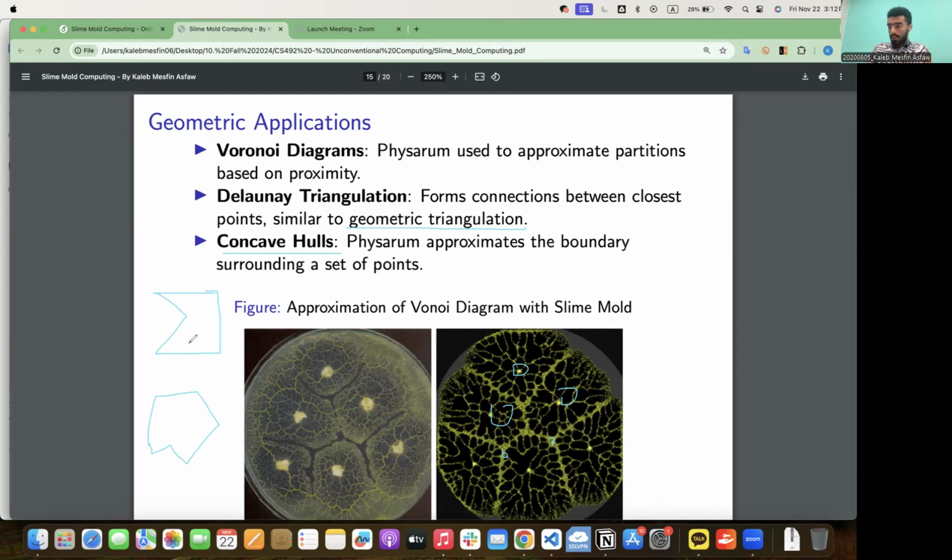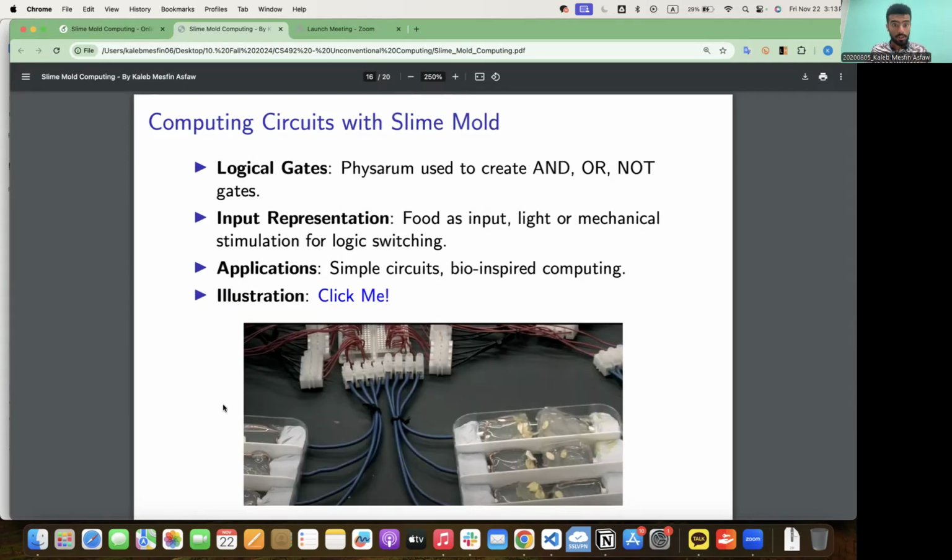So the Physarum's role is in the same structure, because now I'm talking about the application. It uses the fundamental algorithm that I've explained earlier to connect points in a concave hull.